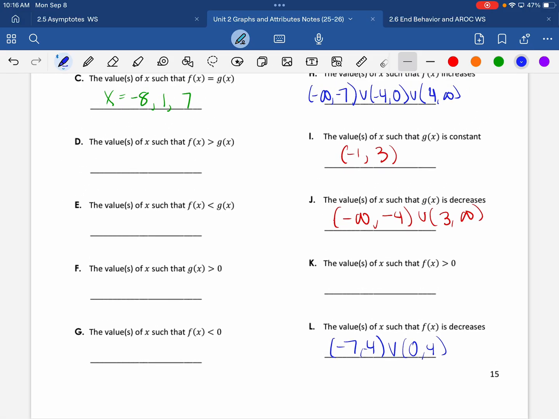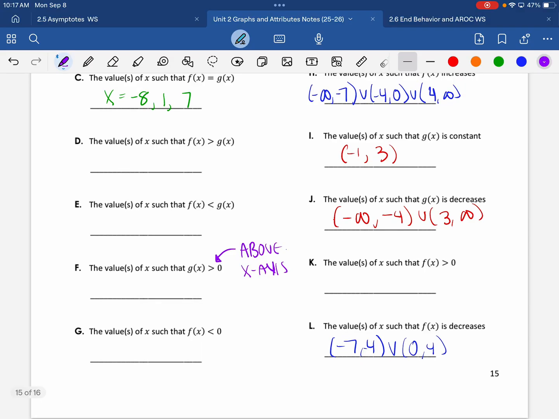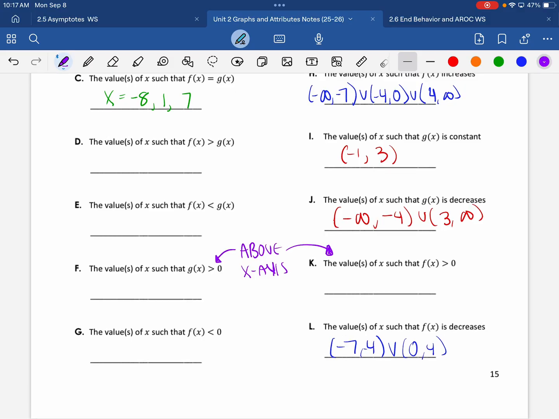So now I want to talk about these three right here where it says greater than 0, less than 0, and greater than 0. Remember, 0 is your x-axis. So if I'm looking for the interval where g is greater than 0, that's where you are above the x-axis. So both F and K are talking about above the x-axis.